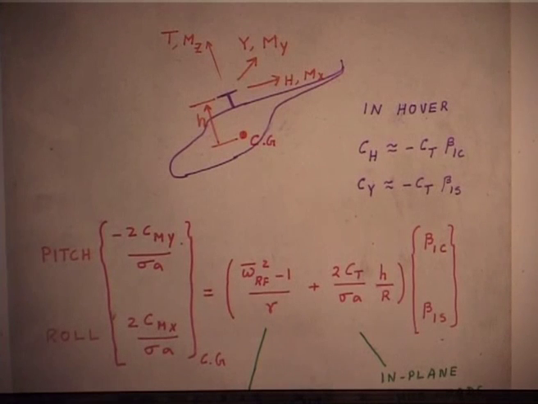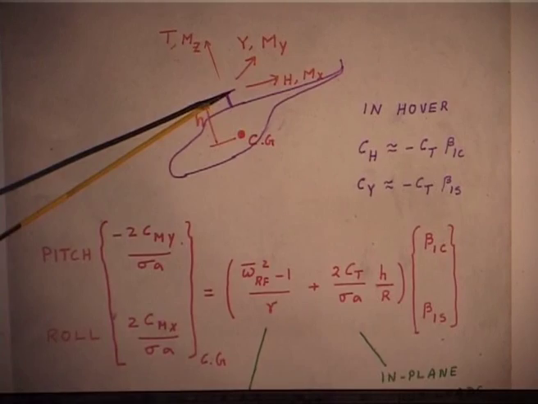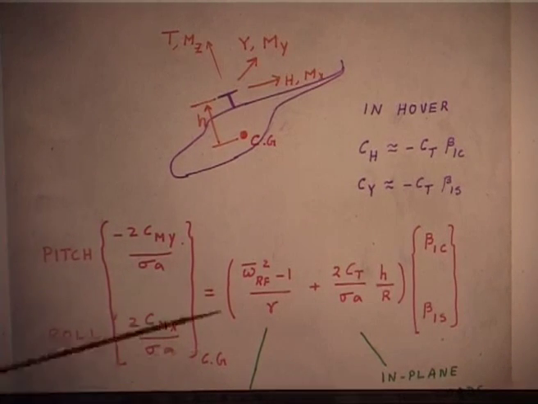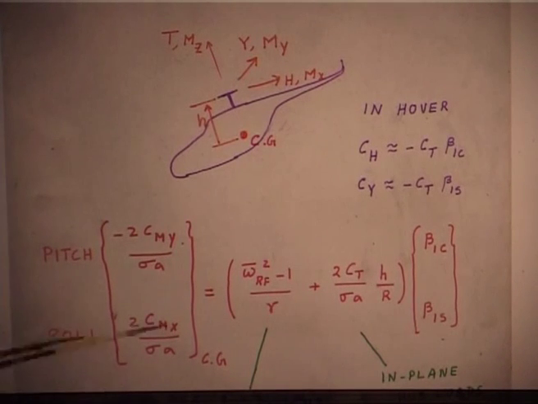You assume that the CG is here, rotor hub is at a height h. I am just putting it right on the shaft, it need not be straight on the shaft, it can be anywhere, a little displaced. Those things will come when you do the actual problem.